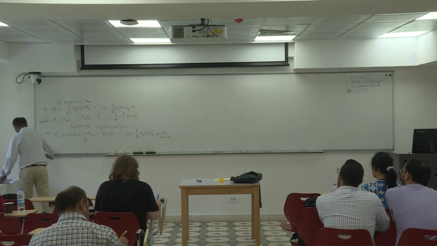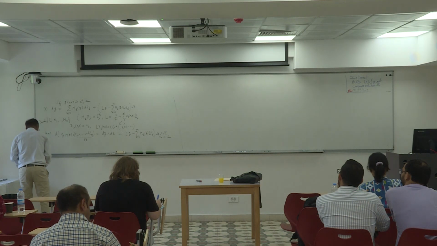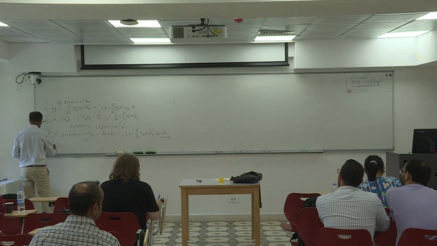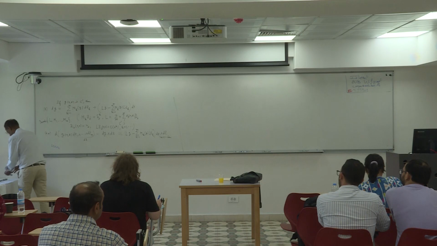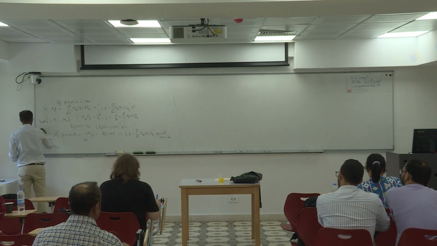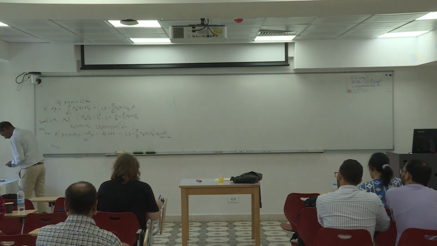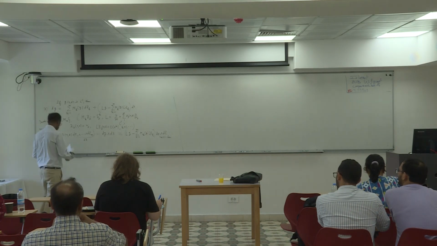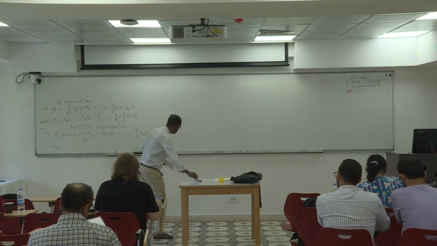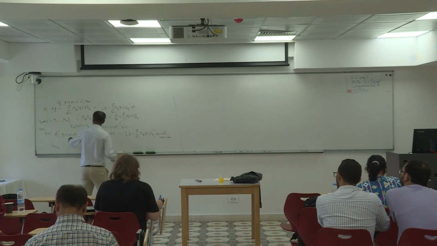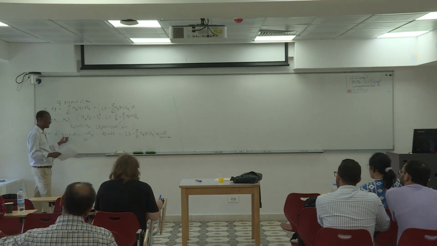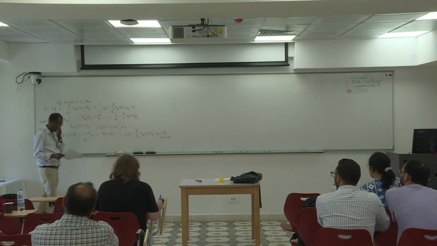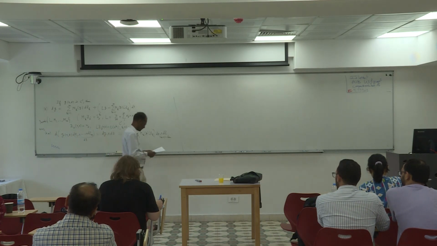Let me see, let me try to find a better, okay, this is better. So now I'm going to take a g, which basically is the integrand in the FBI transform, basically with some parameters.